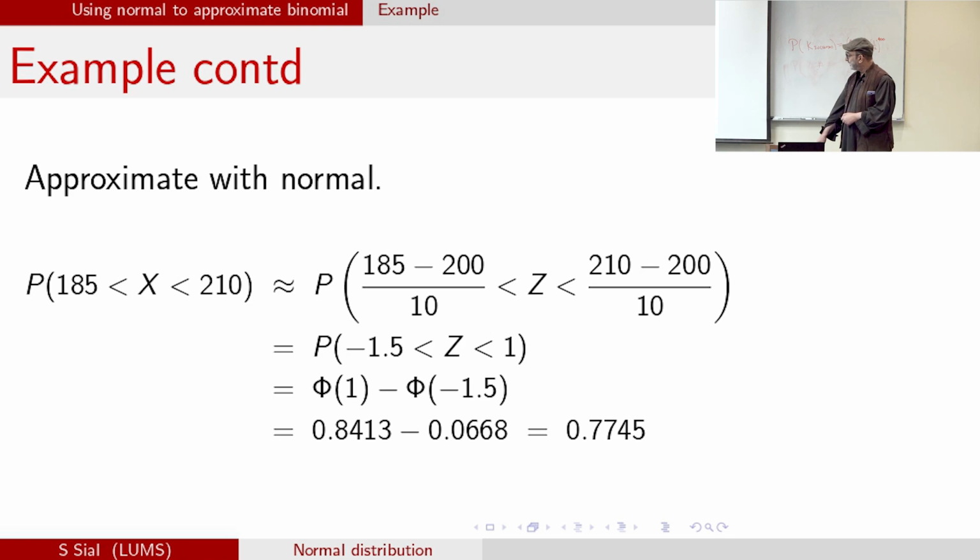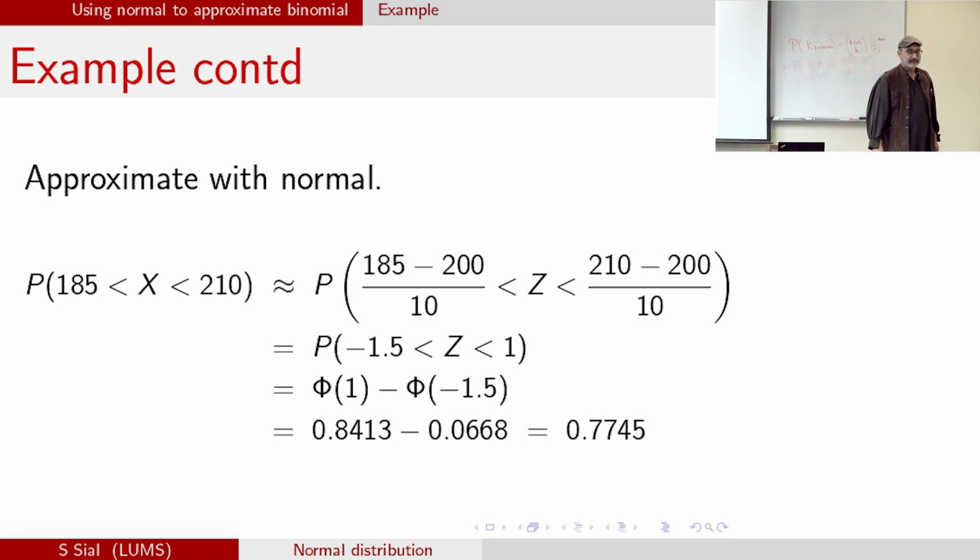That is approximately this probability, which is the probability that the standard normal lies between minus 1.5 and 1. How do you calculate that? You calculate the CDF at 1 minus the CDF at minus 1.5. That's what you would have in your tables.